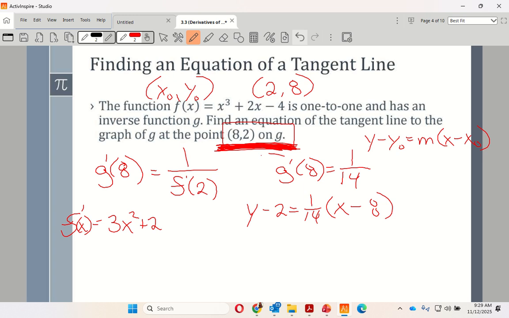Equation of the tangent line on g. What do you mean? We're working backwards to find f of x, right? Or to find f. Okay, so it asks for the derivative of the inverse. So g is my inverse.